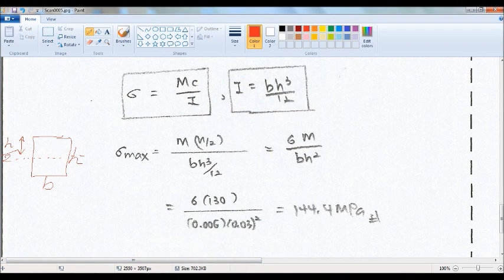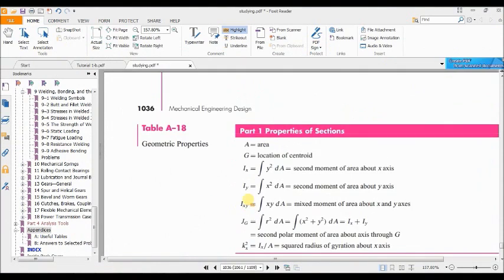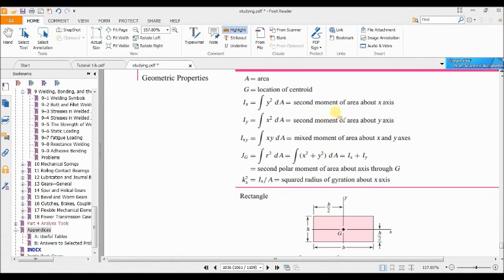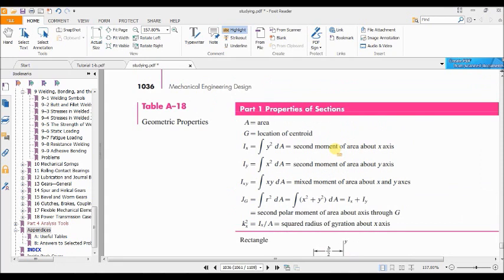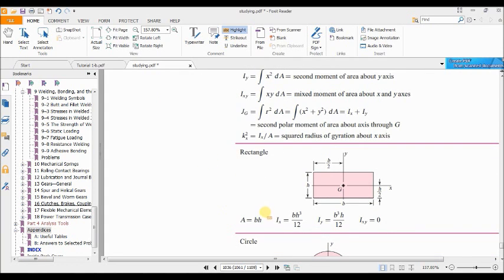To find the second moment of area I, we can refer to textbook appendix table A-18. For a rectangular cross section, the second moment of area can be found by this equation.